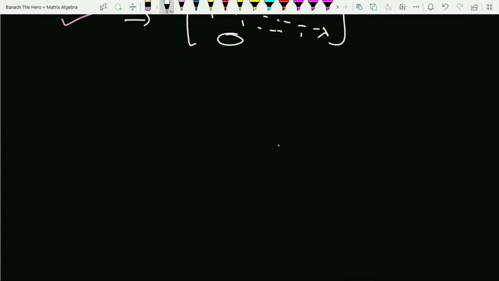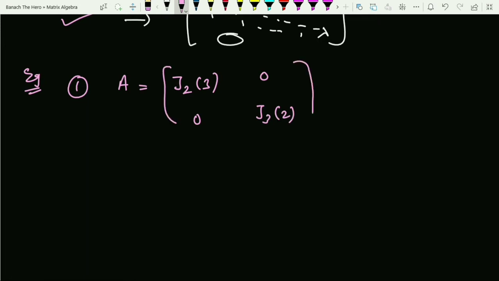Now let me take a few examples so as to make things more clear. For example, if I say we have a matrix A, and it has two Jordan blocks, J_2(3), 0, 0, and J_3(2). You may think that it is a matrix of order 2 cross 2, but no, this is not a matrix of order 2 cross 2. Clearly you should observe, what is J_2(3)? It means the eigenvalue is 3, and the matrix is of order 2 cross 2.